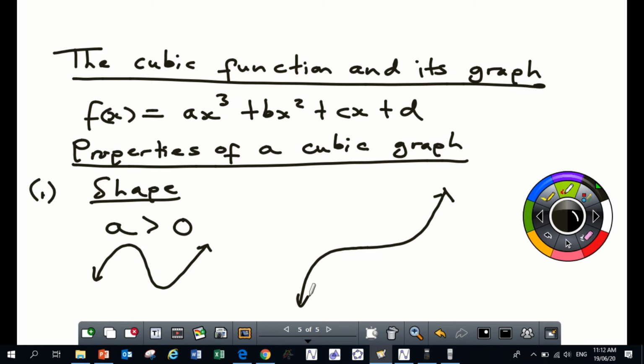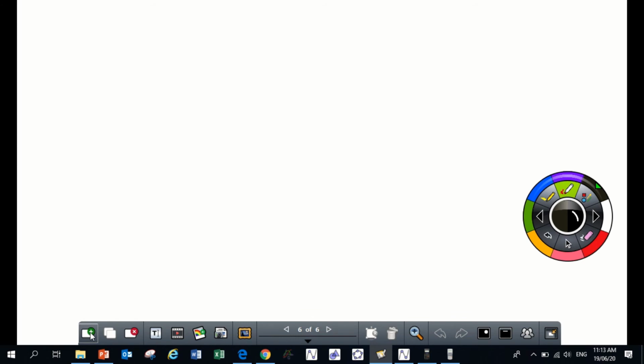Now, I'm sure you can see that both of them, when a is positive, start as increasing functions. That's very important. That can also help you to remember how the shape looks. Then let's move on to the next case.